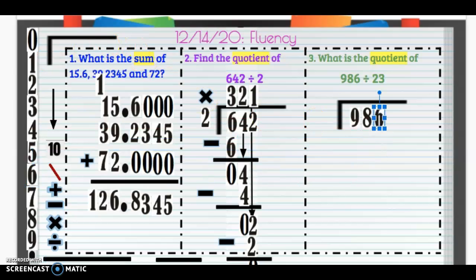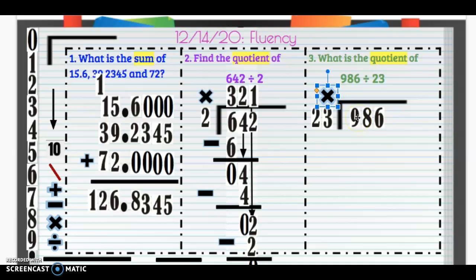And then 23 is my divisor. So I got to ask myself, how many times does 23 go into 9?